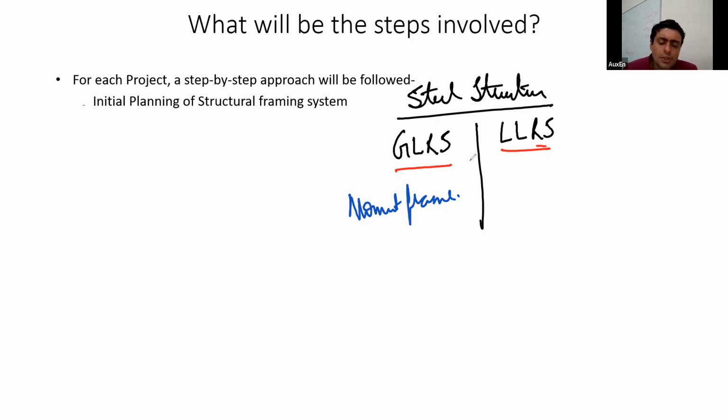In steel structures also you can have a moment frame, comprising beam and column. You can have a pin supported frame also. Pin supported means columns and beams pin jointed with each other, so pin jointed frames.